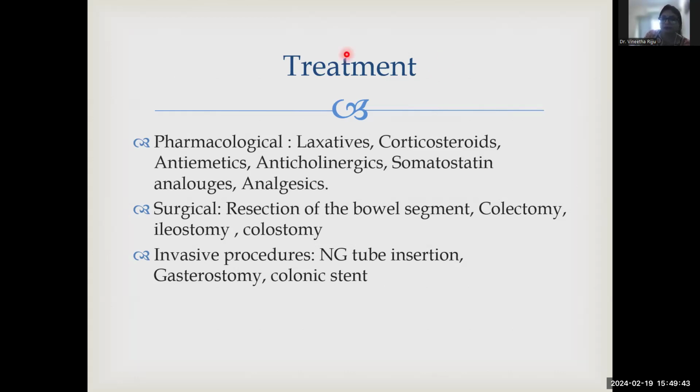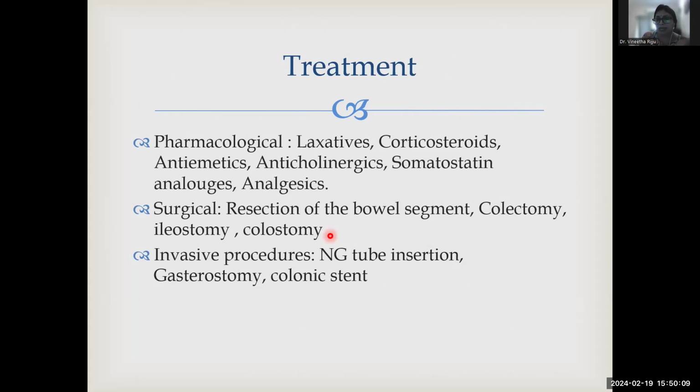Sunita was talking about the prokinetic, Seema was talking about the gastric problem, right. Then another treatment is surgical, where you talk about resection of that bowel segment which is having obstruction, a colectomy, and an ileostomy, where the ileum, the small intestine, is brought out, or a colostomy, where the large intestine is brought out.